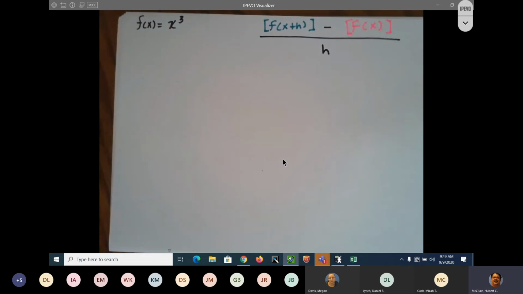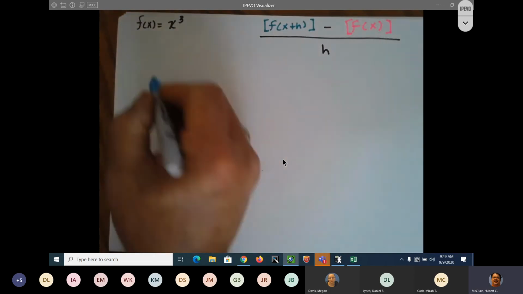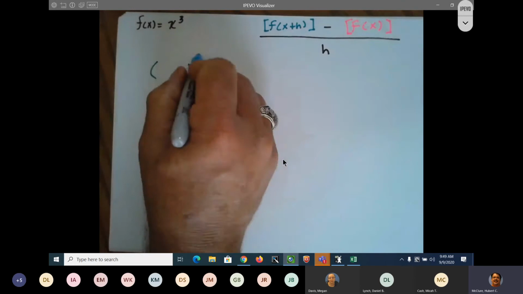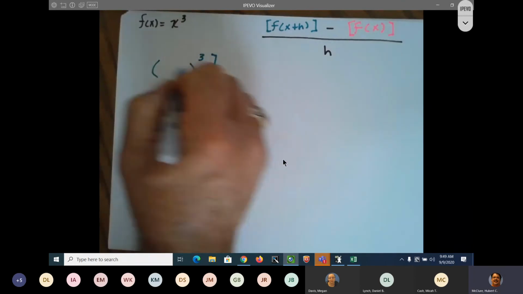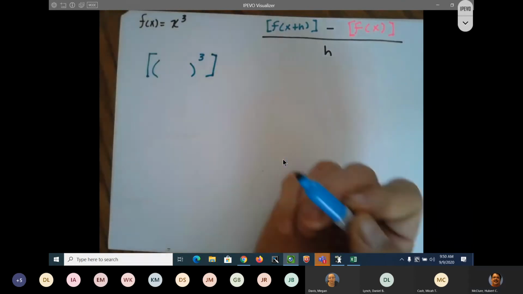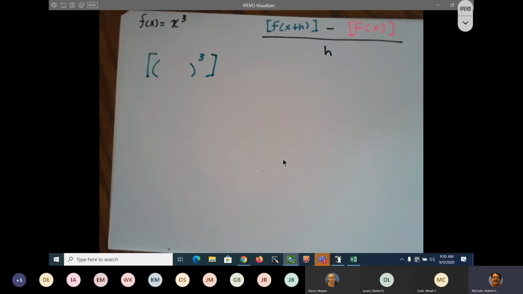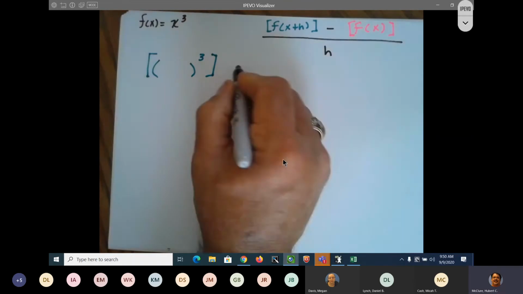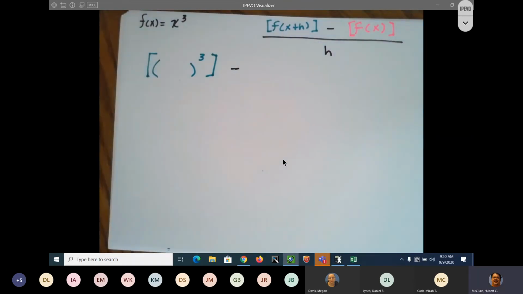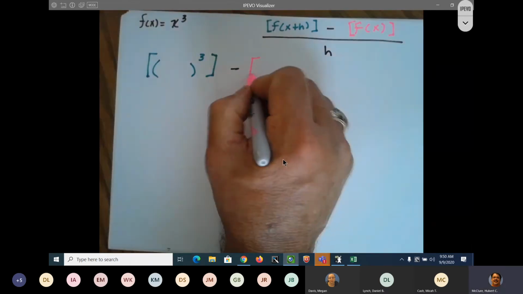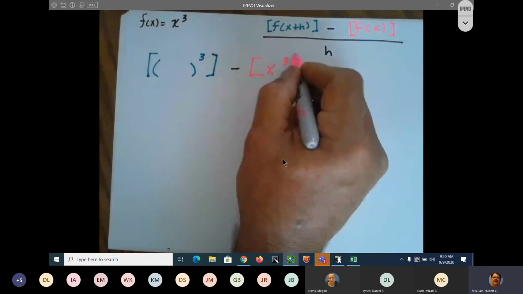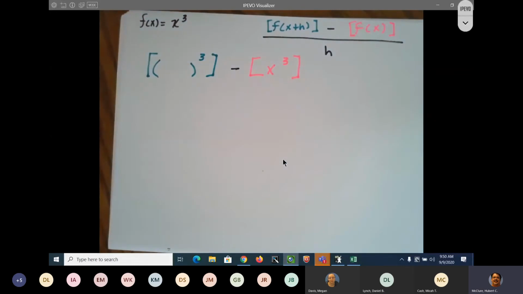So I'm going to rewrite parentheses cubed minus, and then just write f of x, x to the third. And some of y'all might say, well, this ain't going to be long.